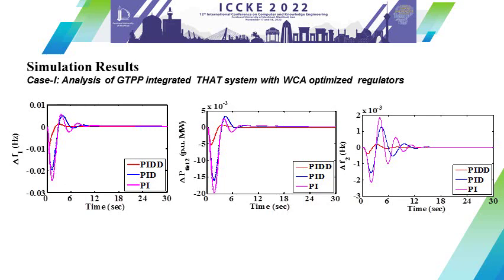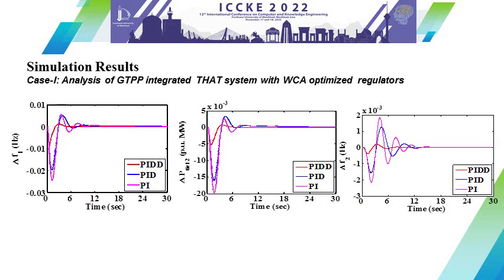Moreover, the dynamic responses under PIDD reach the steady state position in quick time compared to PI and PID. Both the peak undershoot and the peak overshoot are very small with our proposed control, that is the water cycle algorithm based proportional integral double derivative controller.